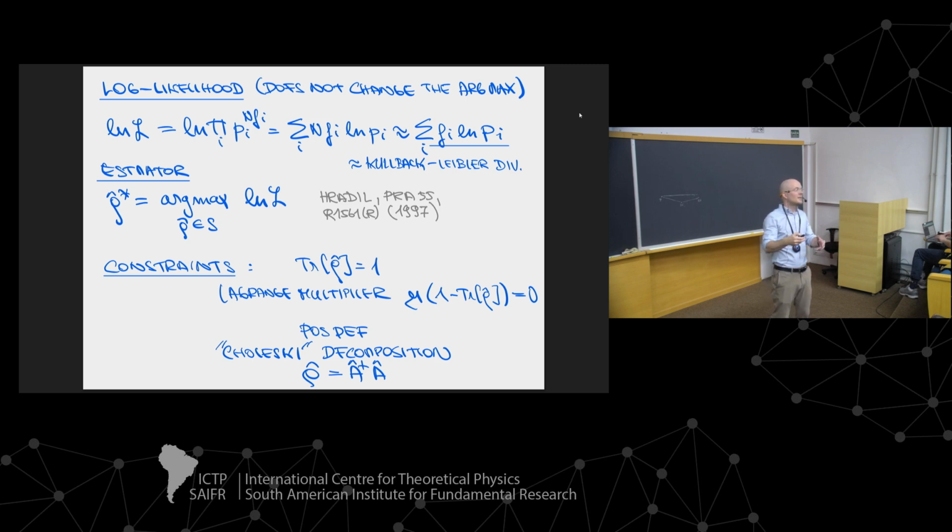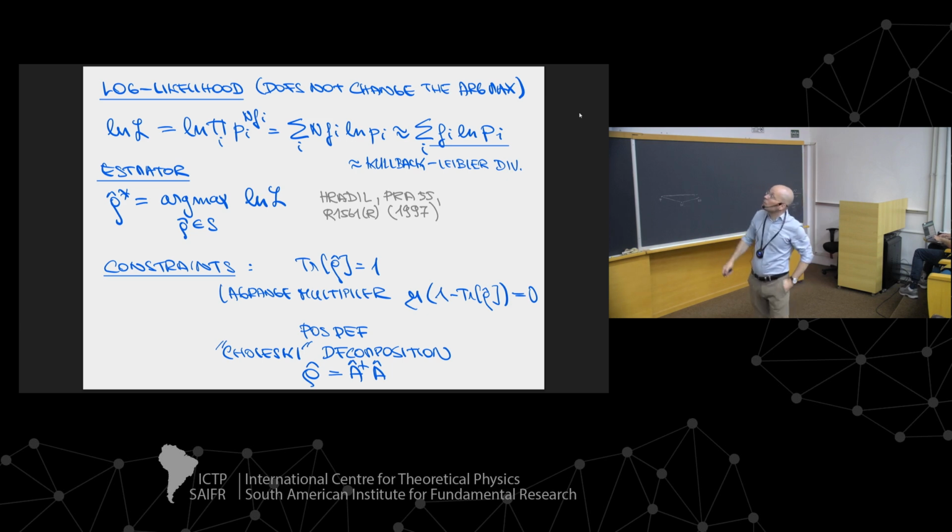So you can think of maximizing likelihood or log likelihood, and there is of course the minus sign, as minimizing the KL divergence or distance between the measured data and the true probabilities or ideal probabilities generated by the state you are looking for.